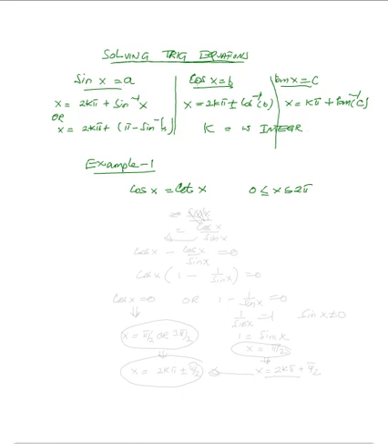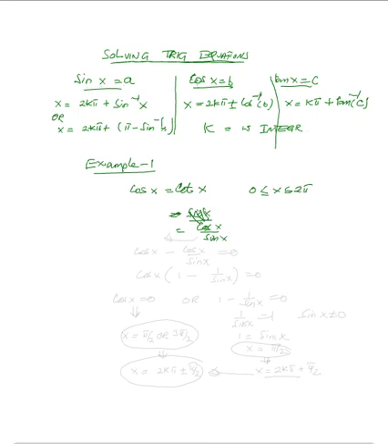It's always better to relate these trigonometric equations in terms of sine, cosine, or tangent, because we know how to solve equations involving those. So cotangent of x can be understood as cosine of x over sine of x.